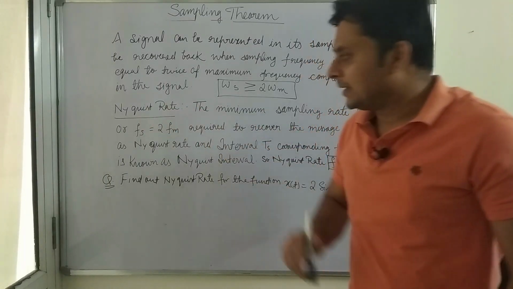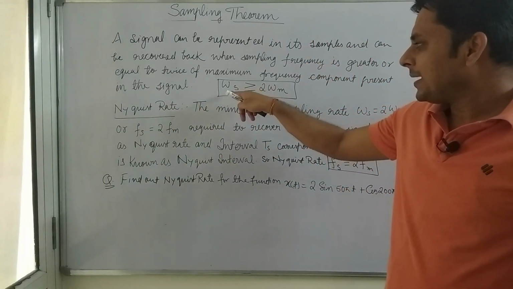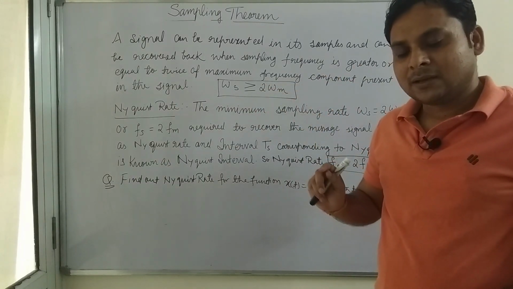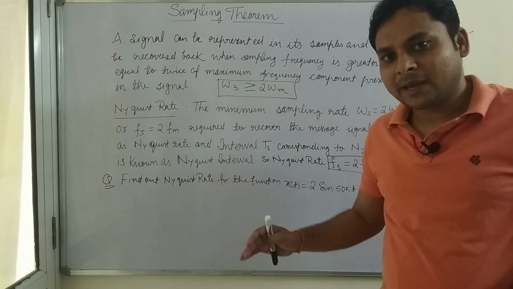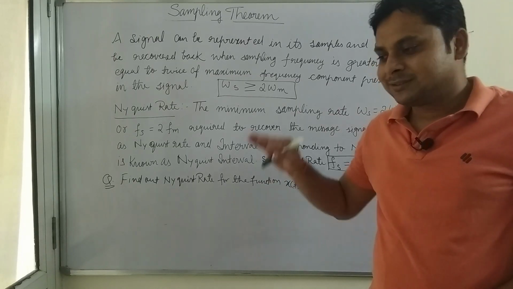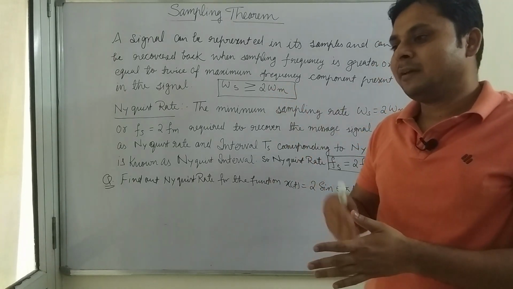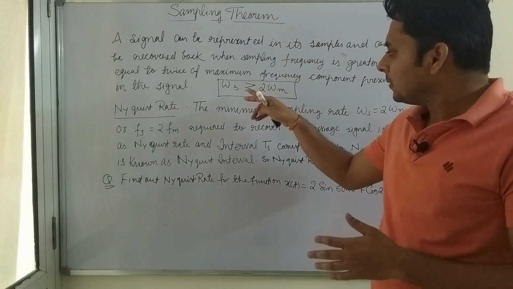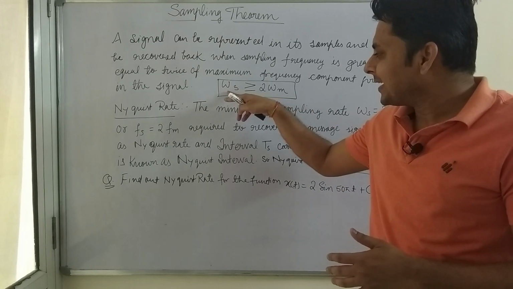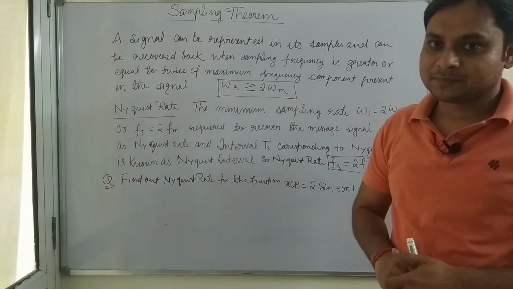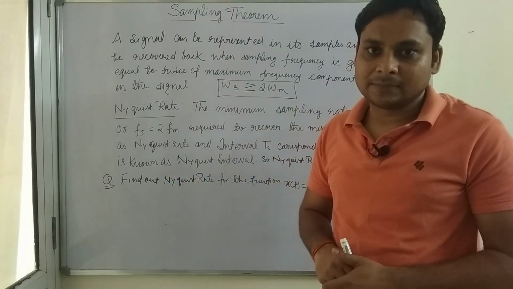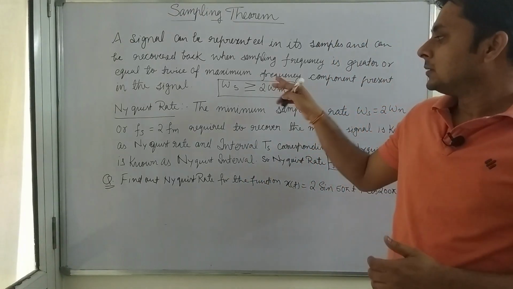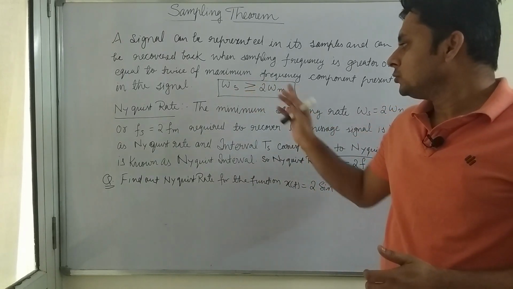Now, Nyquist rate. We have studied that omega s is greater than or equal to 2 omega m. If I talk about the minimum value of omega s for which the signal can be successfully converted into a discrete time signal, it will become omega s equals 2 omega m. So the minimum value of sampling frequency must be equal to 2 omega m.